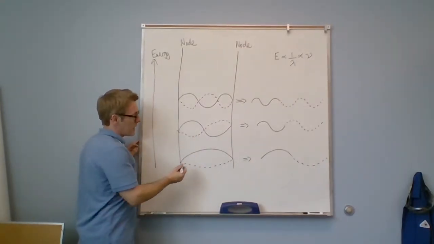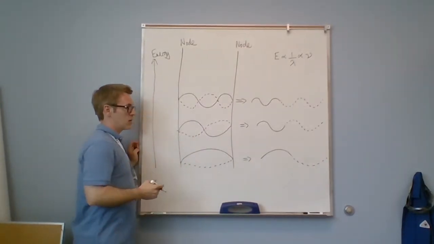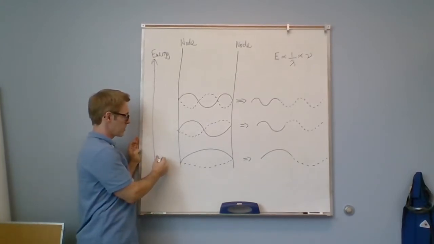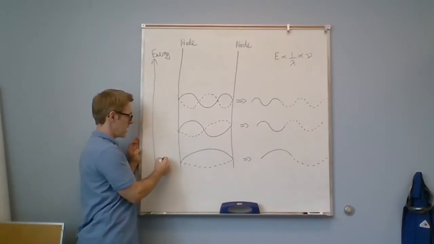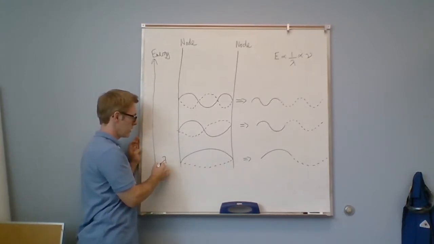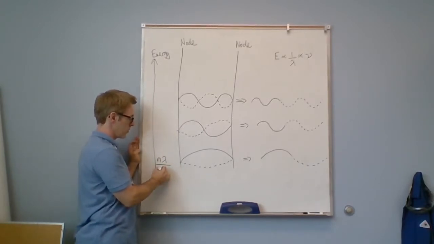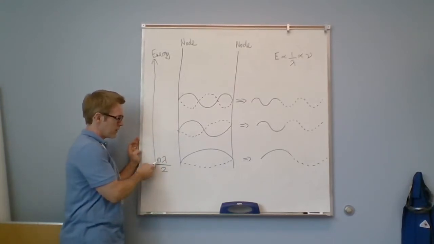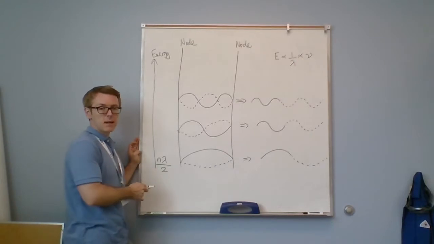So I know that I can have whole integer multiples of wavelength. So here, between these nodes, I've got a wavelength. Well, I can have a multiple of wavelengths over 2. So here, n just means number.